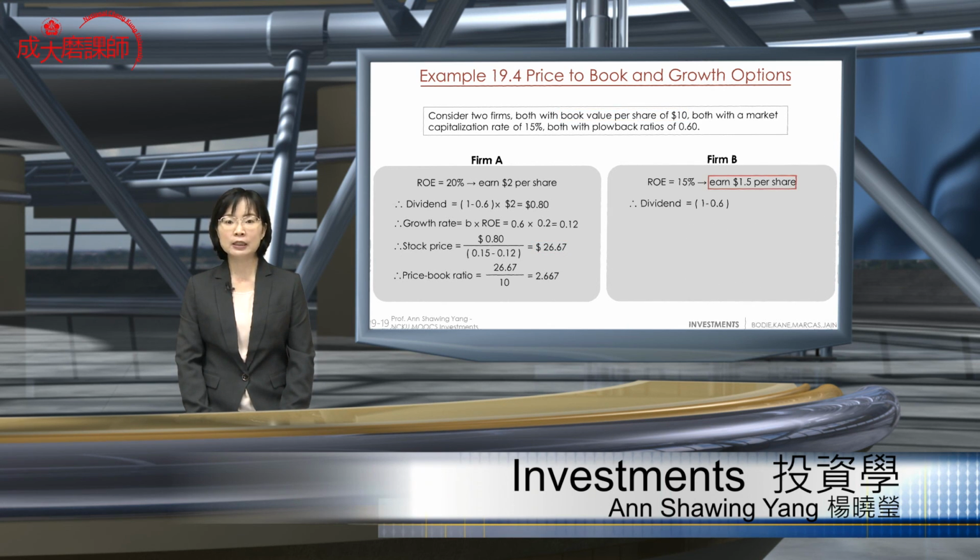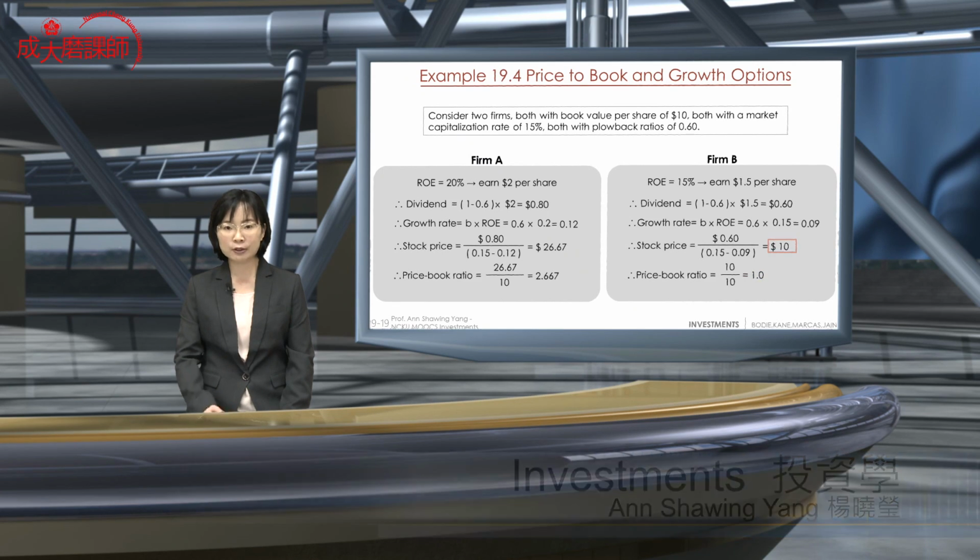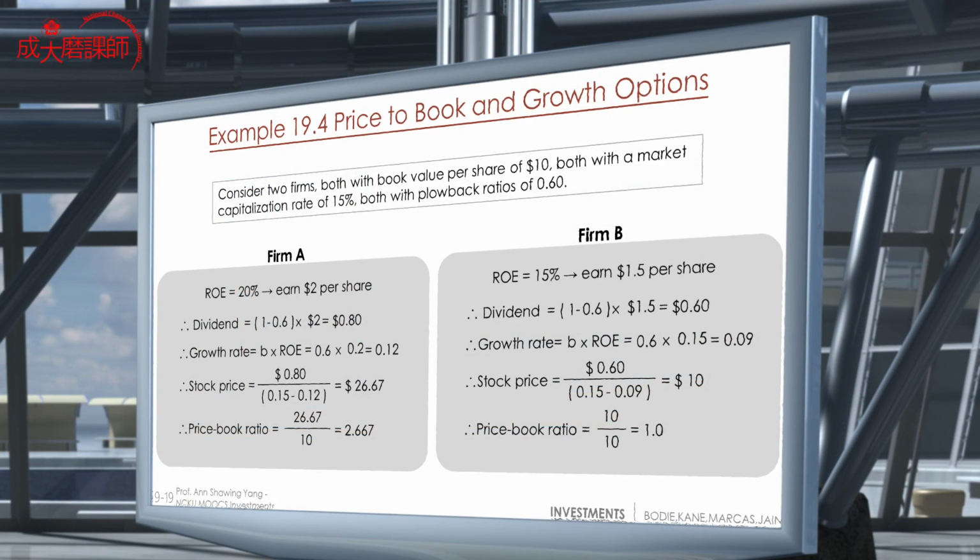Now for firm B, the ROE is 15%, so each share the firm will earn $1.5. The dividend is 1 minus 0.6, whatever is left over from the retained earnings with the plowback ratio, so 1 minus 0.6 multiplied by 1.5 gives 0.6. The growth rate is 0.6 multiplied by 15%, which is 0.09. The stock price, we have figured out, should be $10.